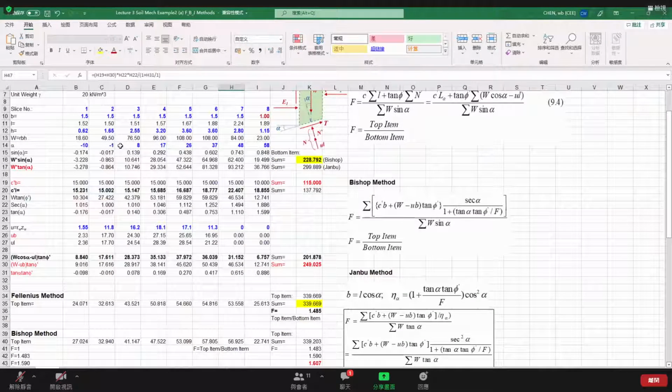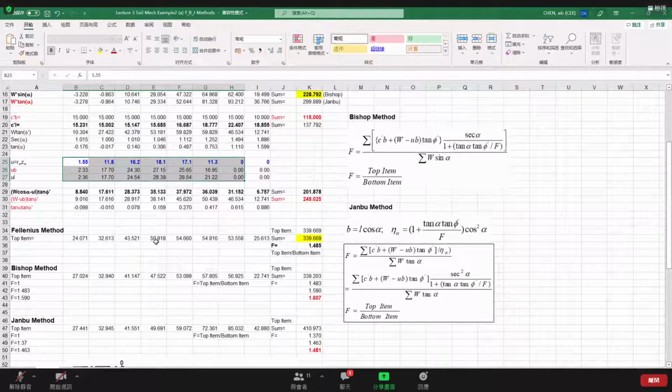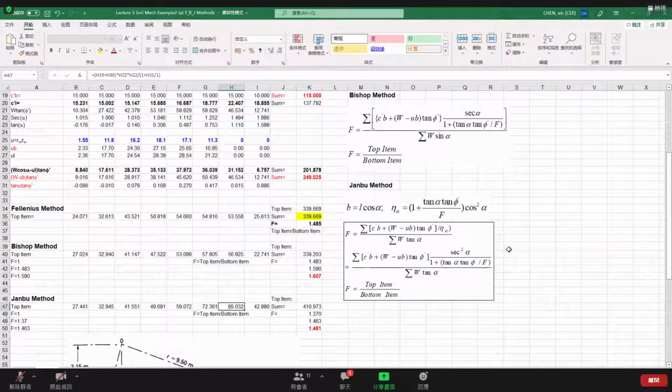I will not go into detail about where these parameters come from. You can go through it yourself if you forget, but the only difference is the equation, so just be careful about the calculation process.